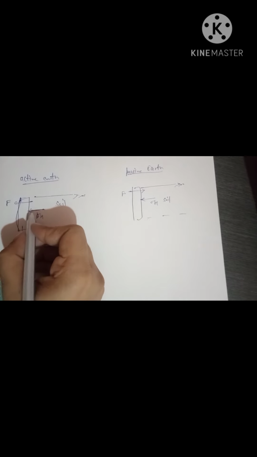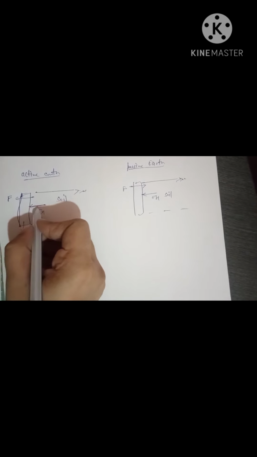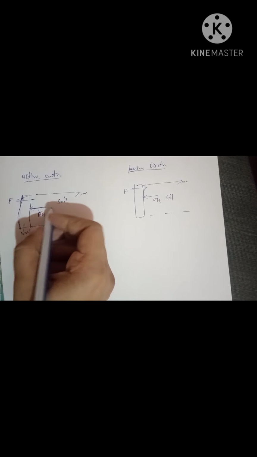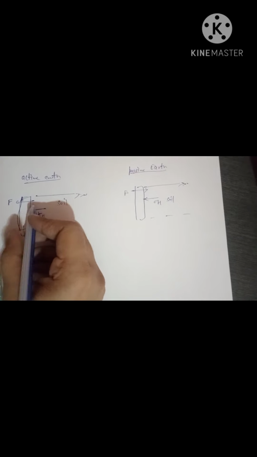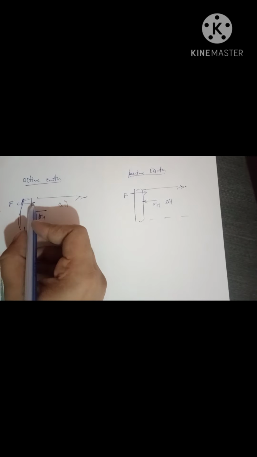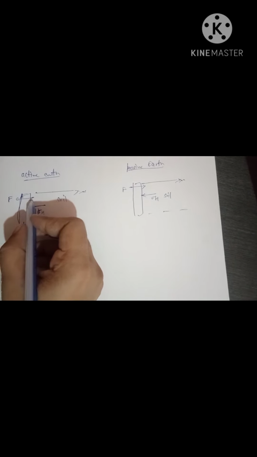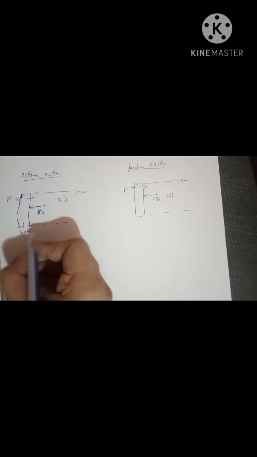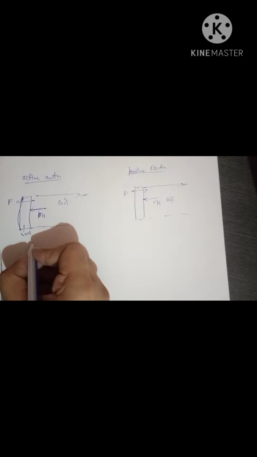Okay, so now as we can see, in the first case the horizontal pressure applied by soil on the wall and the movement of the wall, the resultant force, both are in the same direction, so contact pressure on the wall will be less.